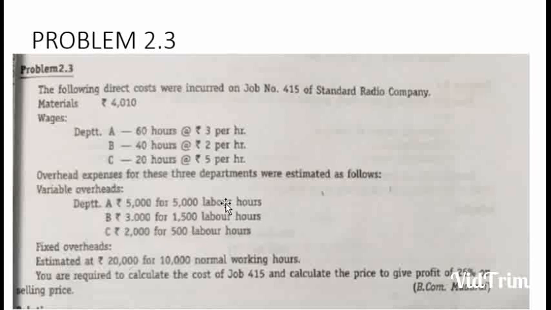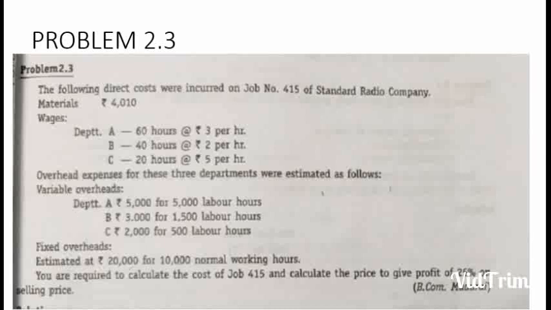But what is the actual number of hours the laborers have worked? If you look at the wages, it clearly states 60 hours for A, 40 hours for B, and 20 hours for C. These are the hours the laborers worked, so you need to convert this. For 5,000 labor hours they have given rupees 5,000, so for 1 hour, how much are they paying?